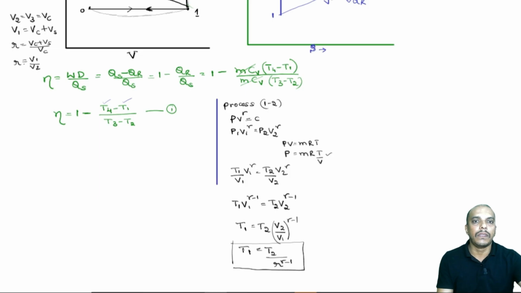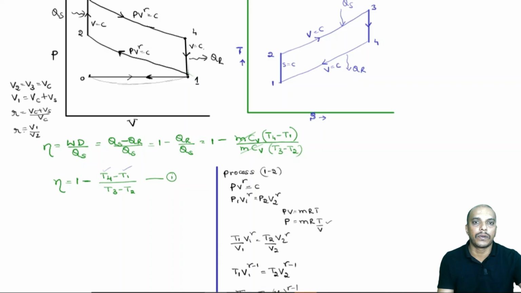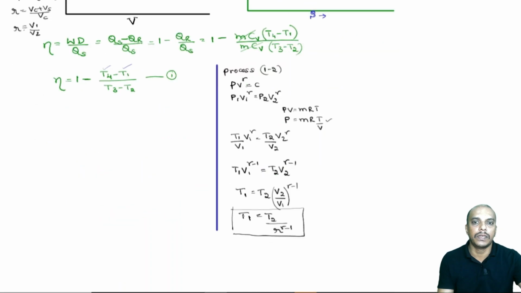Now let us do the same thing on the other side. We have written T1 in terms of T2. Similarly, can we do the same for T4? Let us go for T4, which means process 3 to 4.